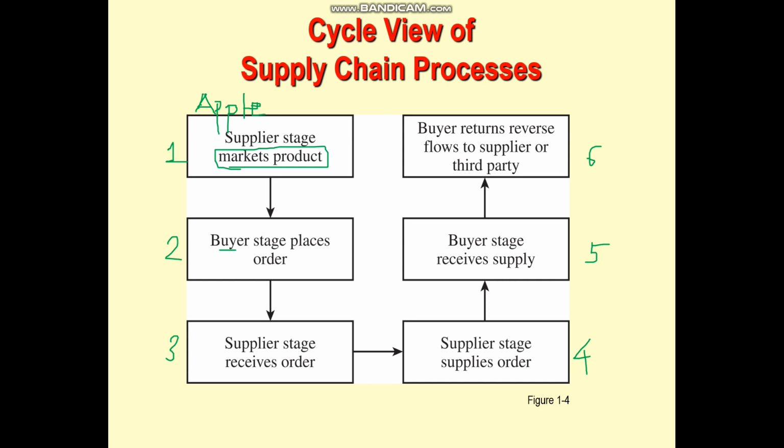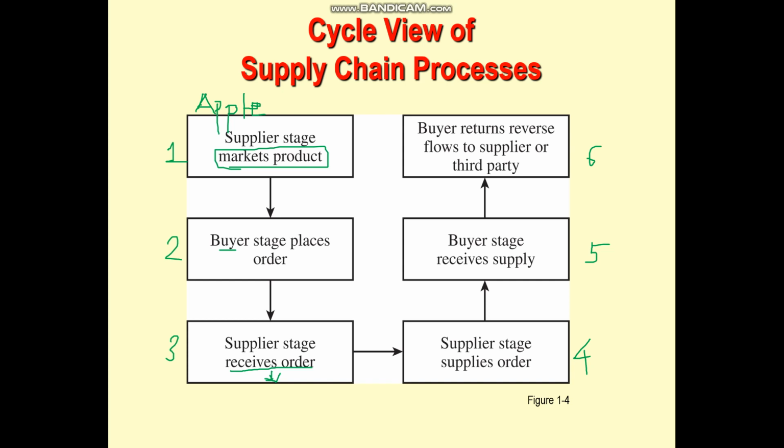Then after that, the supplier will receive the order, like the total demand, how many iPhones the customers want to buy. And then Apple will provide the iPhone to the customer.